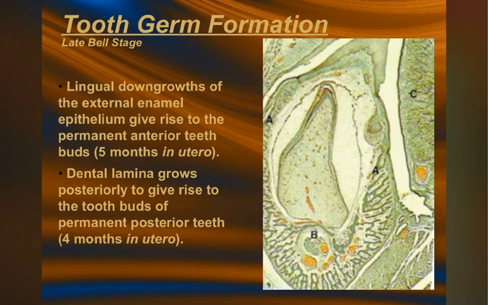Now we will move to the late bell stage. In late bell stage, the enamel organ looks the same as in the early bell stage, so you can predict the shape of the crown of the tooth. But here we add to it the secretion of hard tissues.